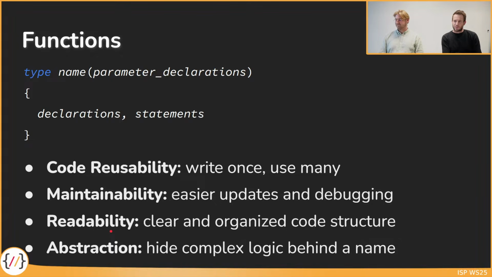And abstraction is also an advantage because we can do some complicated calculations, some complex logic within a function behind a simple name. And the name of the function often suggests what the function does. Whenever I call this function, I just need the name of it, and I know I get the result back. But how this is exactly done and how complicated it is, that's not really important for me as a caller whenever I use this function. So I can hide complex logic behind just a name, which is then the function.